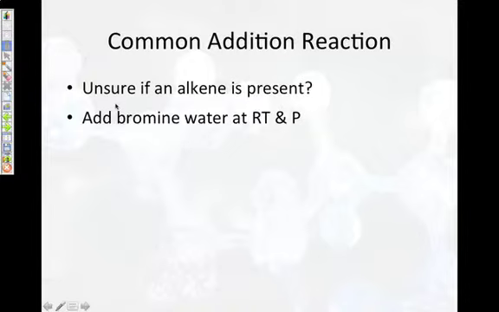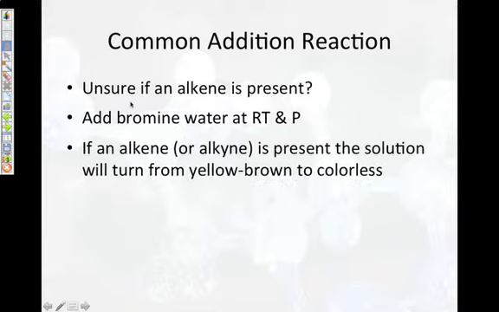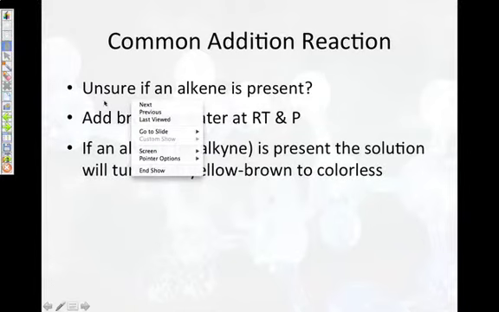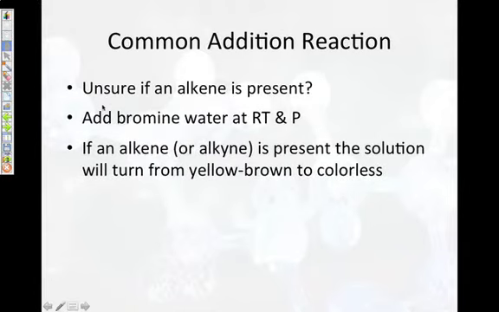So we don't need special conditions for it. I just take this yellow brownish bromine water, add my substance to it, and if an alkene or an alkyne, my unsaturated hydrocarbon, is present, the solution is going to go from a yellow-brown, which is what bromine looks like, to a colorless solution.